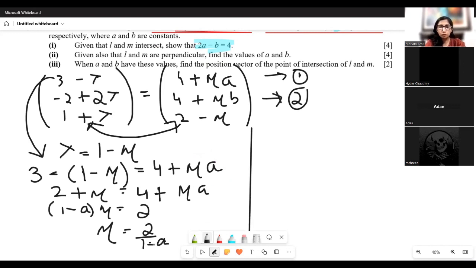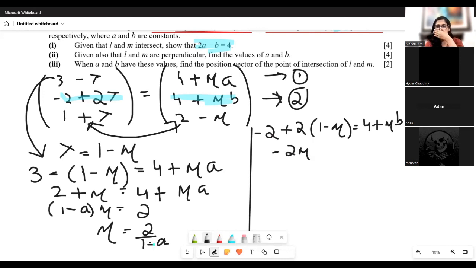Okay. Now I'm going to use the second equation. And here also, instead of lambda, I'm going to substitute 1 minus mu. So we have minus 2 plus 2 times 1 minus mu equals 4 plus mu times b. So we have minus 2 plus 2, which is 0, then minus 2 mu is equal to 4 plus mu times b.